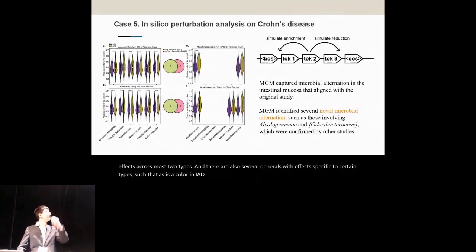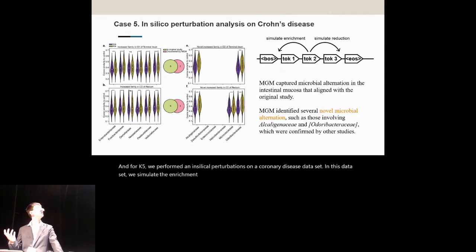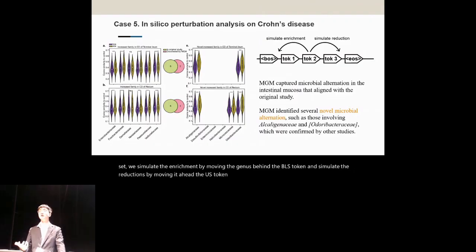For case 5, we performed in silico perturbations on a Crohn's disease dataset. In this dataset, we simulated enrichment by moving the genus behind the BOS token and simulated reductions by moving it ahead of the BOS token, and compared the similarity with the healthy control.